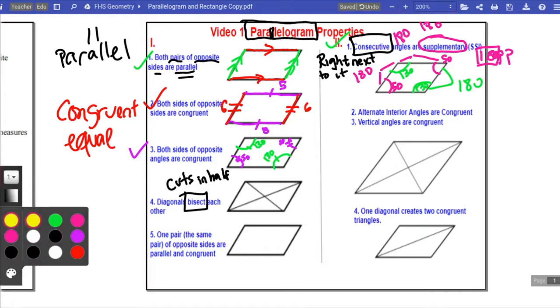Diagonal 1 goes boom, and then diagonal 2, let me use a different color for that. Here it is. And they cut each other perfectly in half, meaning that this right here must be congruent to this. The left side will equal the right side because they are bisecting one another. All right, same thing.